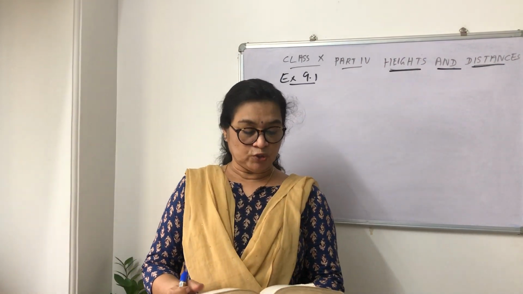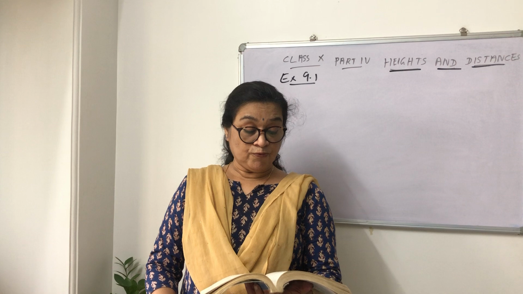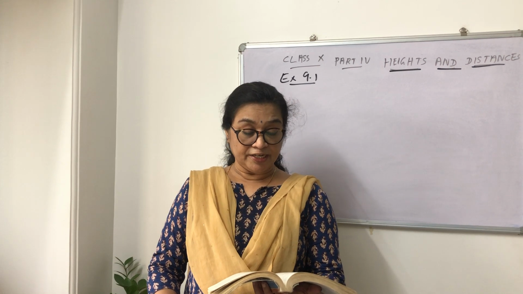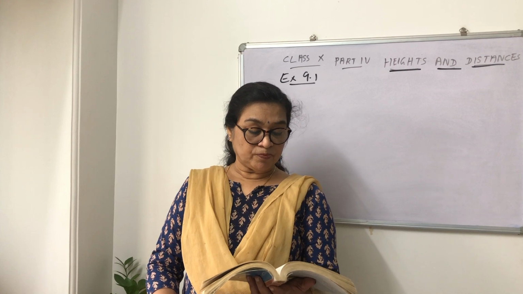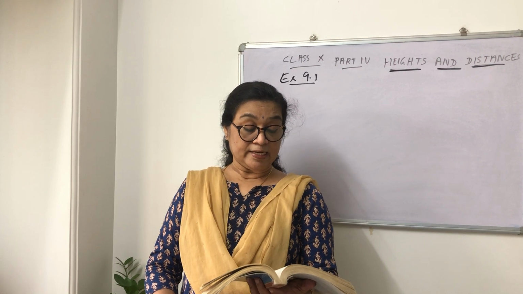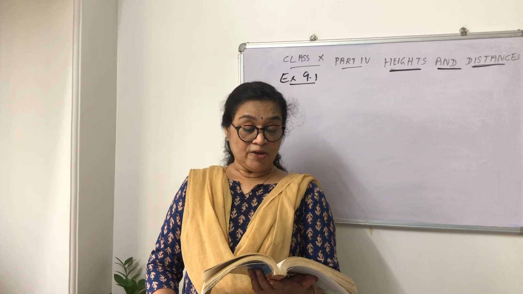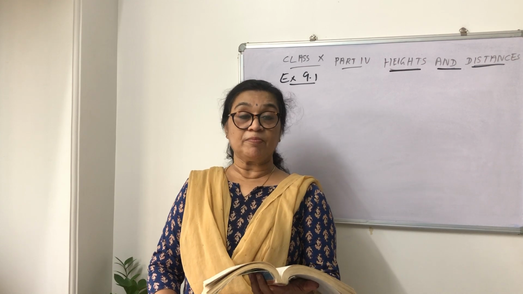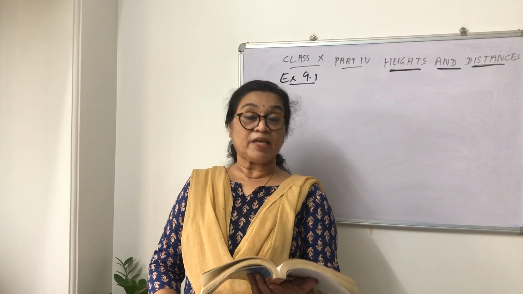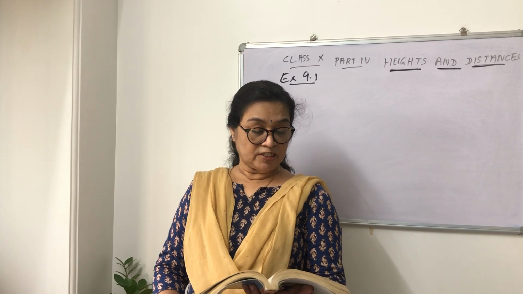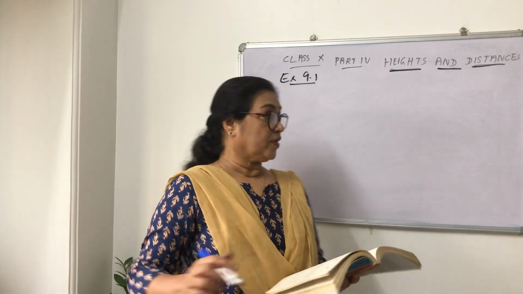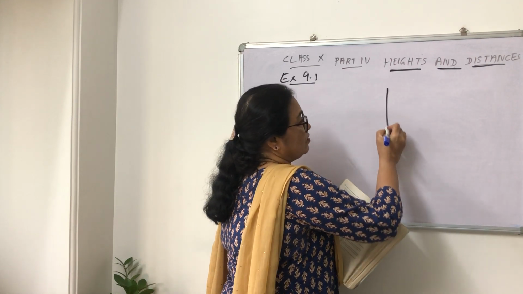As observed from the top of a 75-meter high lighthouse from sea level, the angle of depression of the two ships are 30 degree and 45 degree. If one ship is exactly behind the other on the same side of the lighthouse, find the distance between the ships.